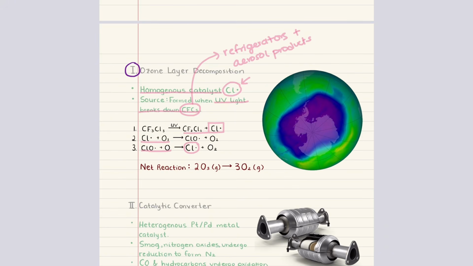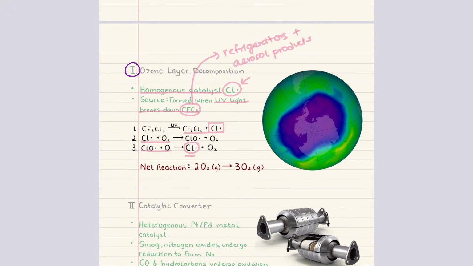And when we add these 2 elementary steps together, the chlorine radical cancels out because it's consumed in one step and then regenerated in the next. And that is the defining behavior of a catalyst. It participates in the mechanism and it accelerates the reaction by lowering the activation barrier. And then it reappears unchanged at the end.